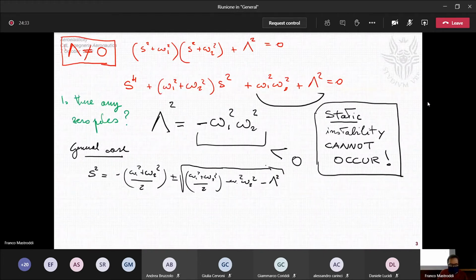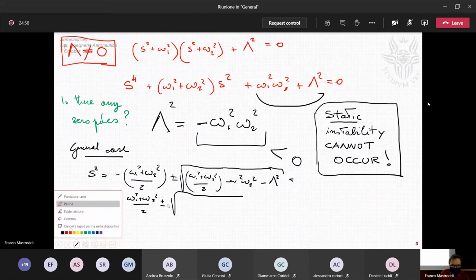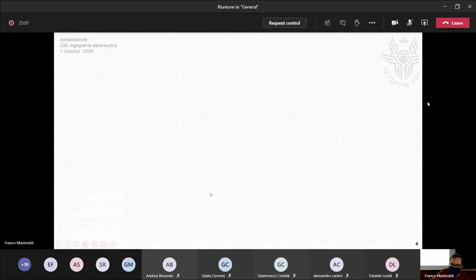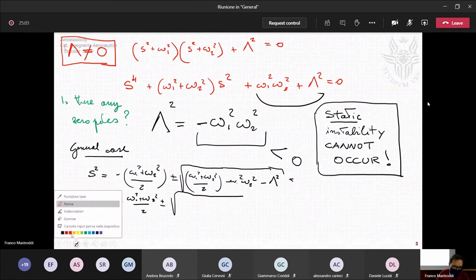Okay, now we can just rewrite this in a more suitable form like this. Keep the first term, and then here, I'm sorry, I forgot a square.